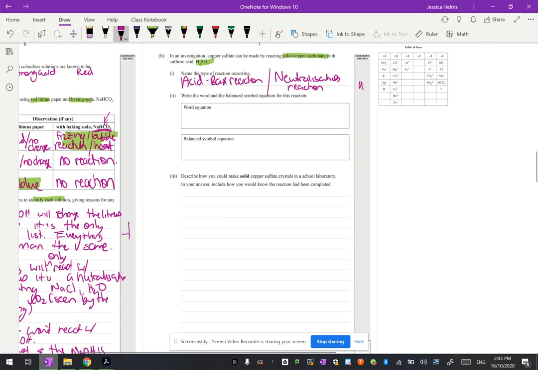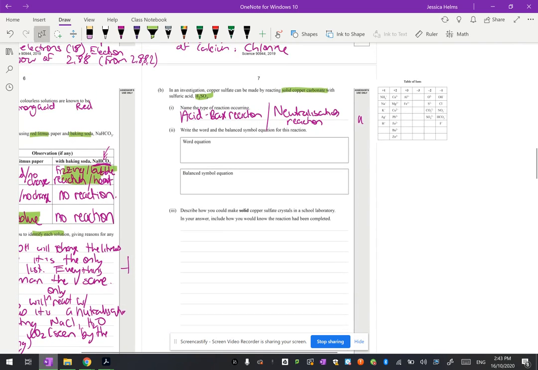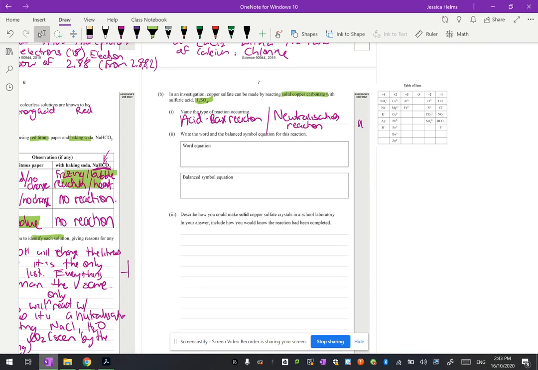So then it wants us to write the word and balanced symbol equation for this reaction. So we know that we're mixing copper carbonate plus sulfuric acid, and we're producing copper sulfate, my apologies.